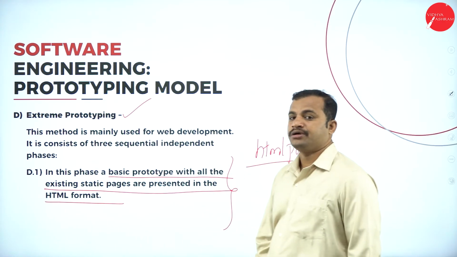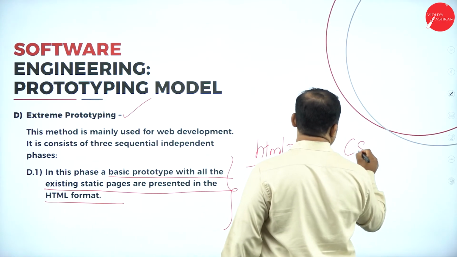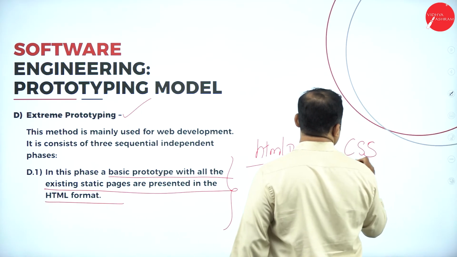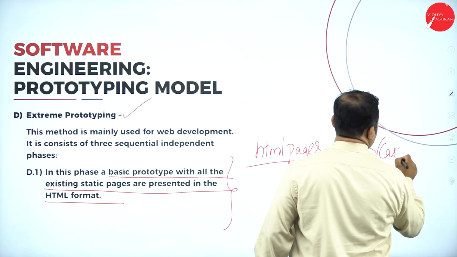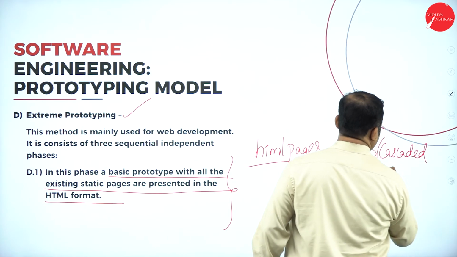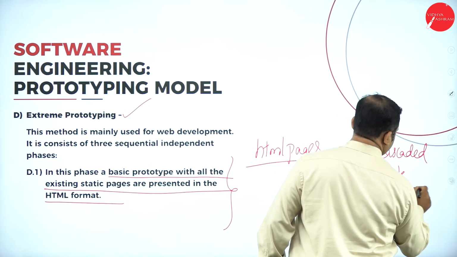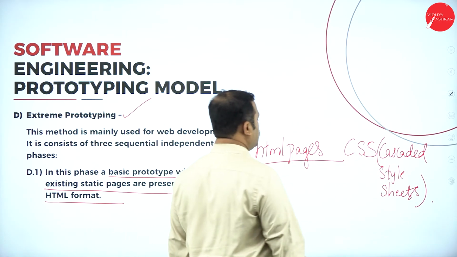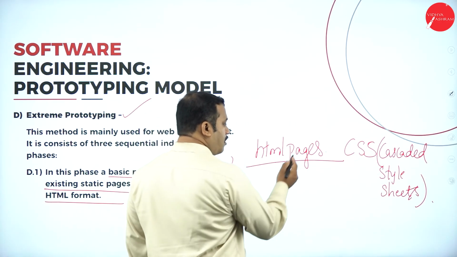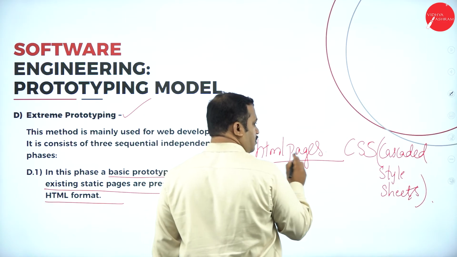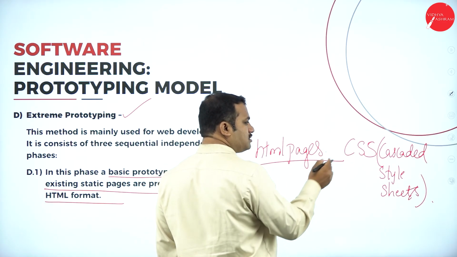Then the style sheets. Which are those style sheets? Cascading Style Sheets, CSS files, are developed. Then there is the organization of these web pages in different sections.